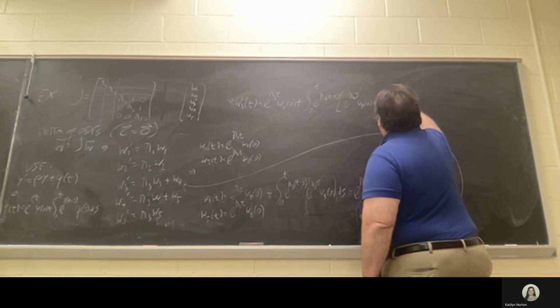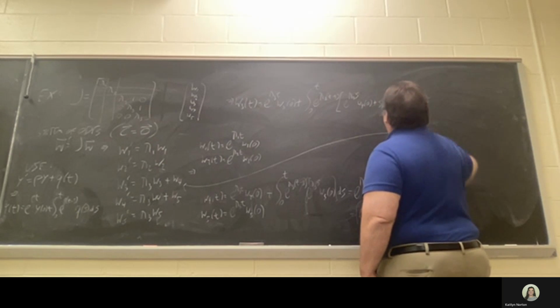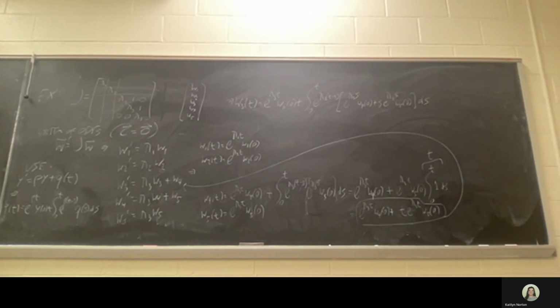So it's s e to the lambda 3 s w5 of 0 ds. I kept making that same mistake on my homework.